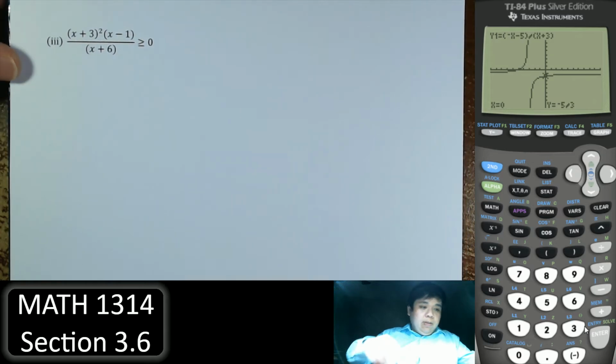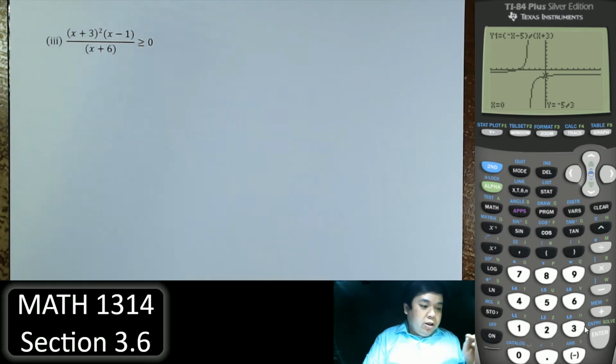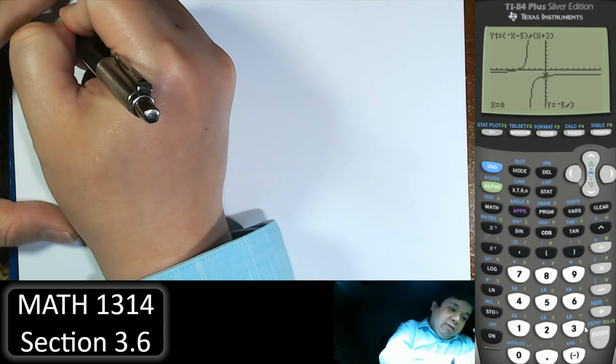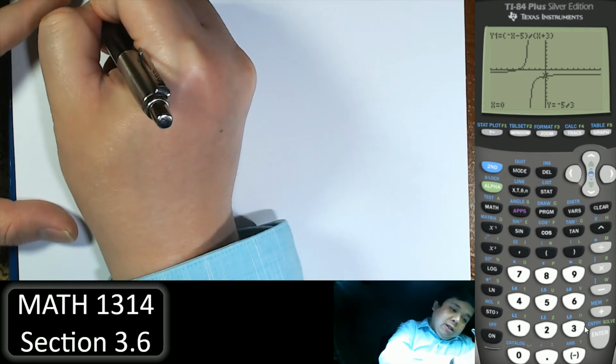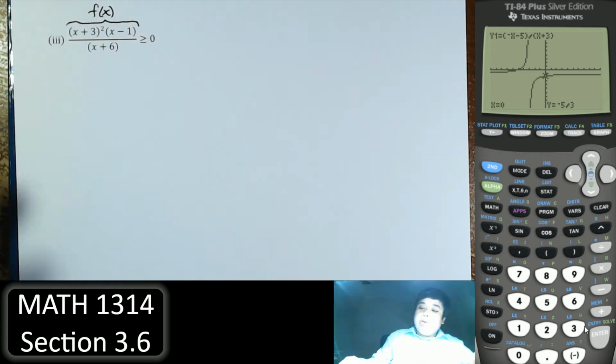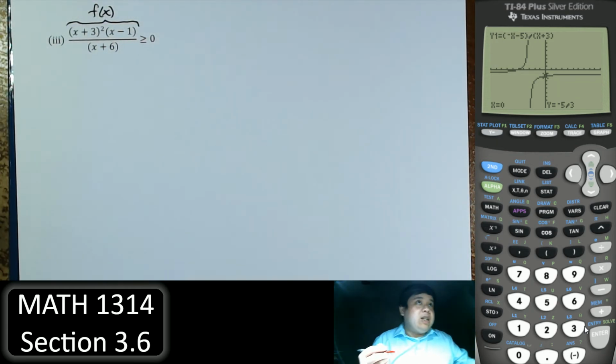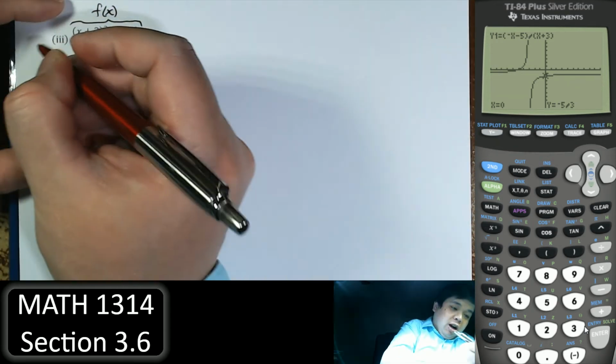Right. Next we have this example. It is in the right form already. This is the function f of x. So we just need to solve for where the function is equal to 0, or the top equal to 0.